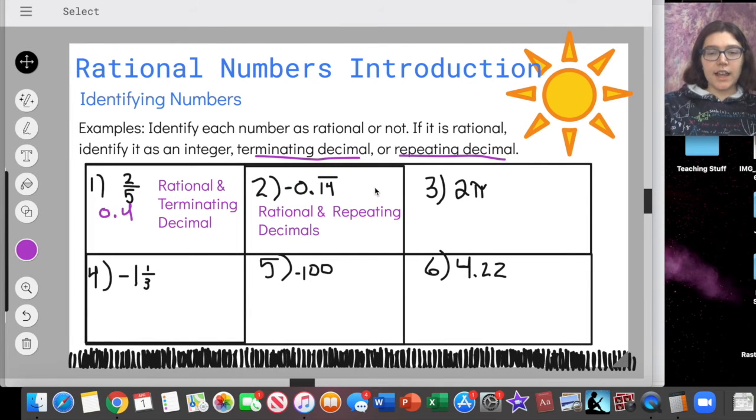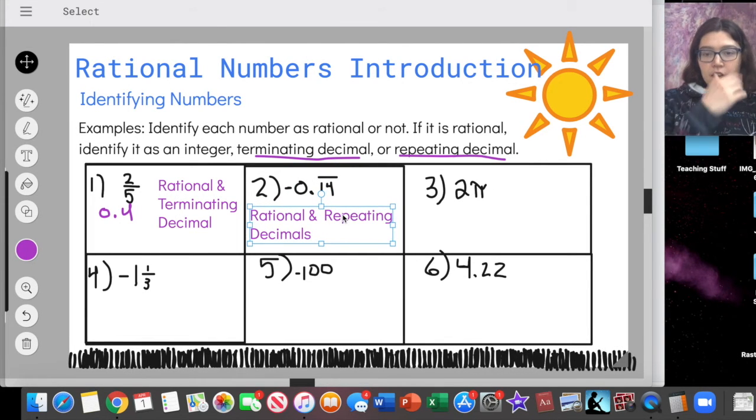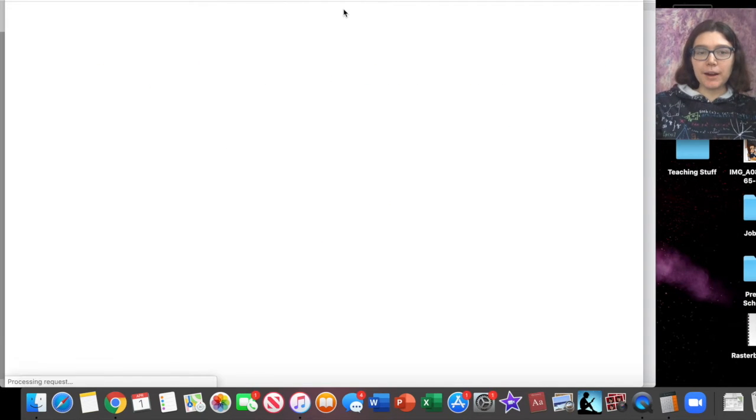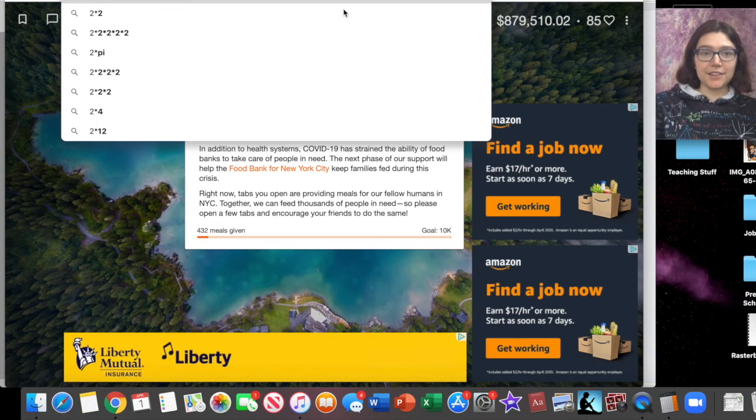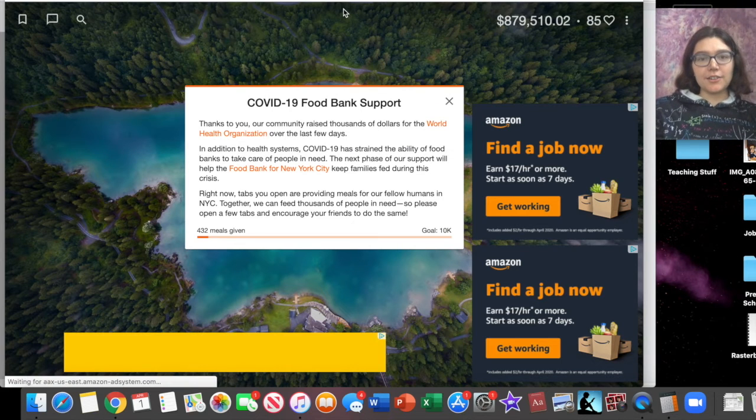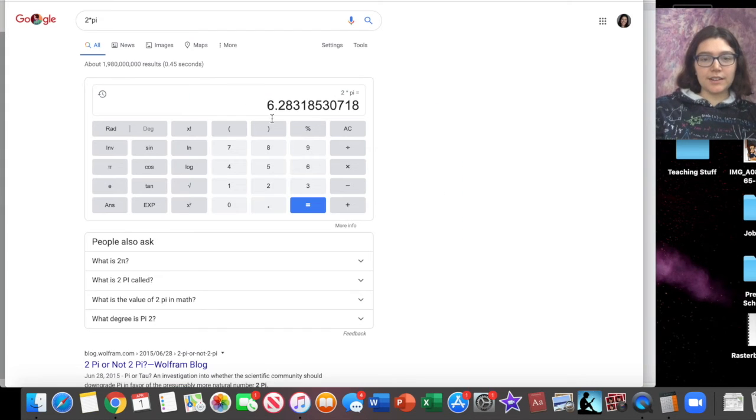All right, now let's look at 3. We have 2 pi. So is 2 pi going to be rational or not? The second we see pi, we should be pretty alarmed and think this probably isn't a rational number. So if I type it into my calculator, I'm going to get 6.283185307118.